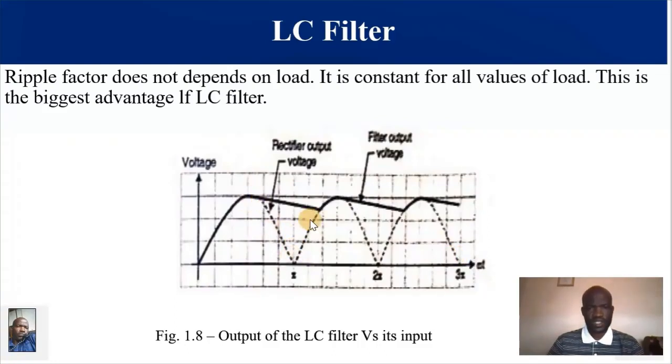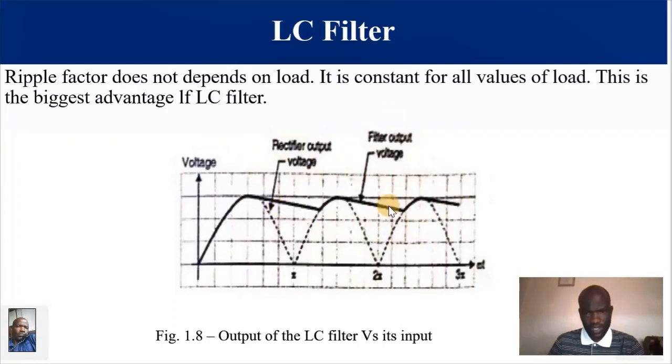So this variation in amplitude is what we call the AC components, because DC has a constant value. The capacitor is going to charge to this value, but it will not discharge to zero as happens with the rectifier output, because before it reduces to zero, it is going to start charging again from the rising voltage of the rectifier output. It is going to continue like this, but we will try by all means to reduce these ripples because they are not wanted by the load.